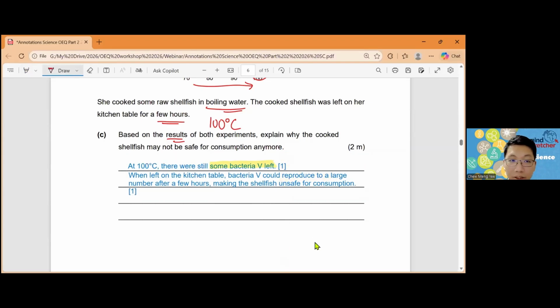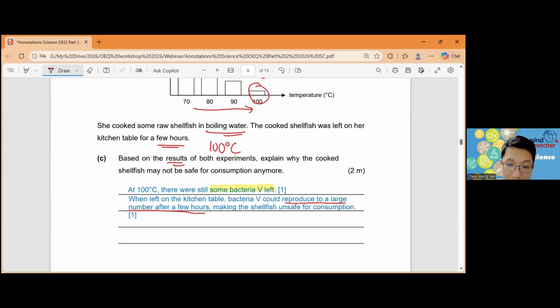Okay, they will reproduce to a large number after a few hours. And then that makes you sick again. Okay? Instead of just saying that the bacteria will multiply, say they reproduce.